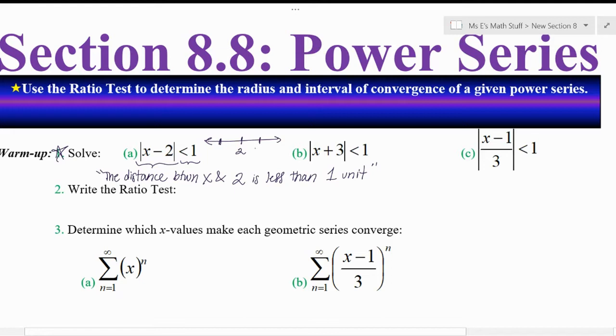So if you start at 2 as your anchor, and then you go up a unit and down a unit, your x values would be the numbers that are within 1 unit of 2. And so open circles on the 1 and the 3, because we're not talking exactly 1 unit away, we're talking within 1 unit. And so all the x values that would make sense here would be the numbers between 1 and 3, not including 1 or 3.